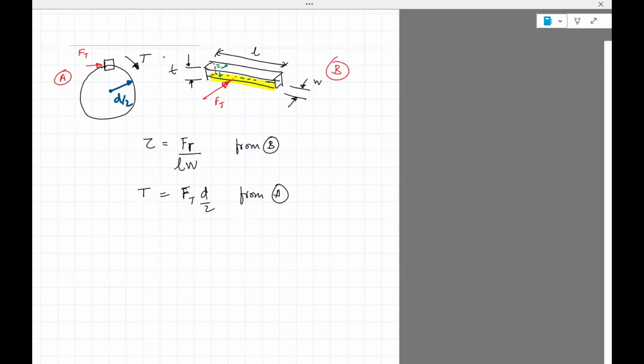So what we'll do is, we have two equations. We'll eliminate Ft in the two equations shown by star. If you do that, you have L W tau, so I just moved this to the other side, equals 2T, so again move this to T divided by d.